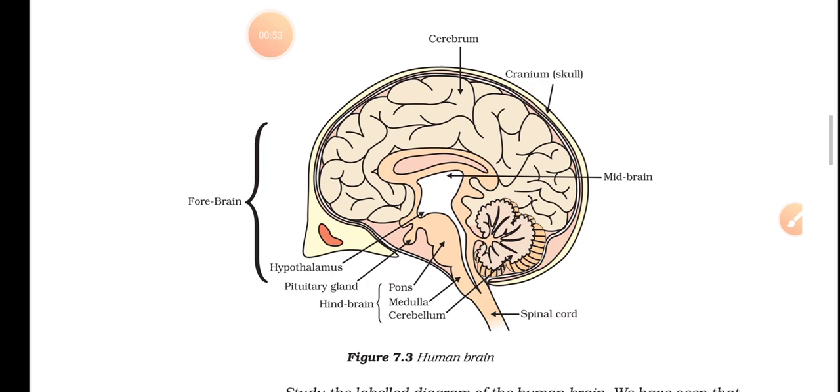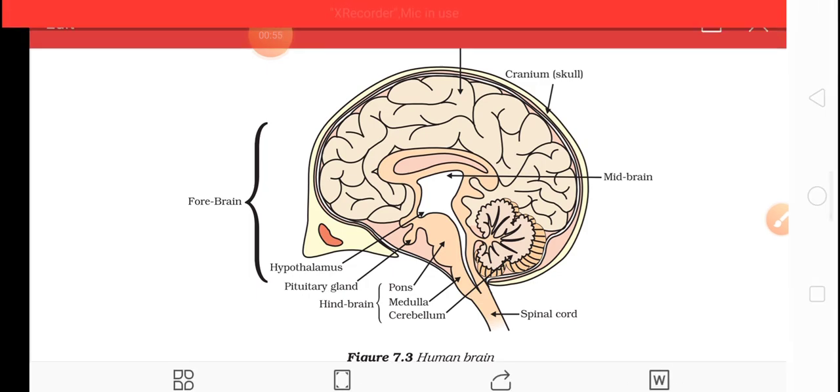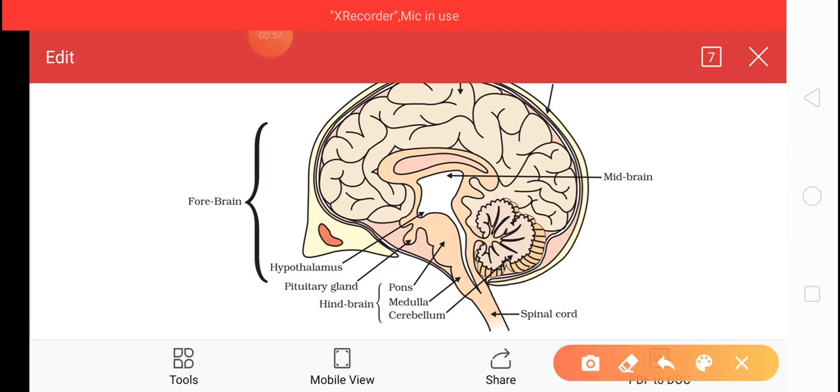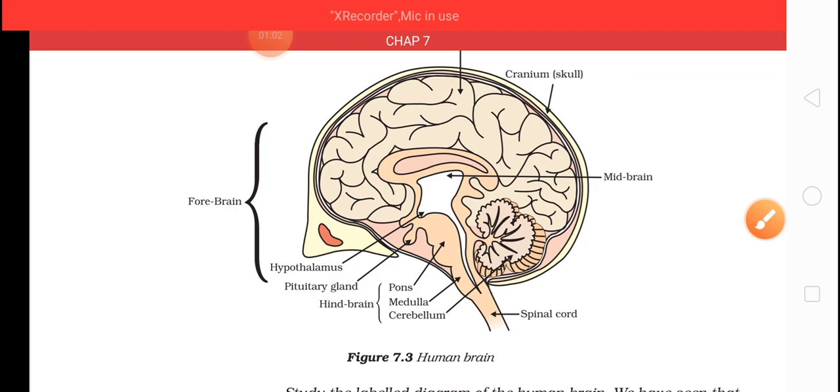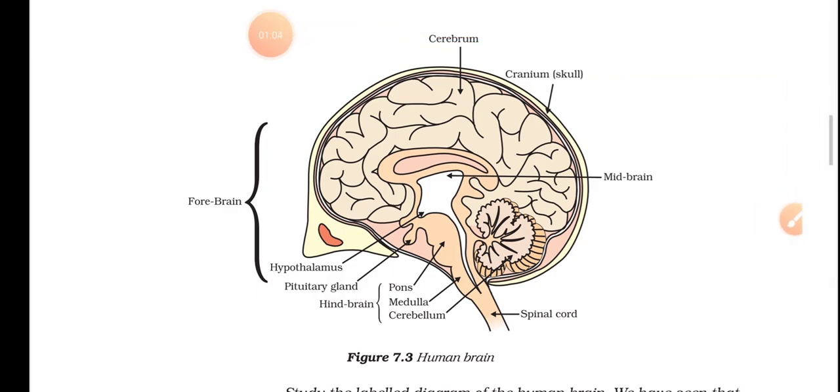First of all, let's start with a very important thing, that is the skull. Now you know that we have a skull present at our head region, and this skull protects our brain.